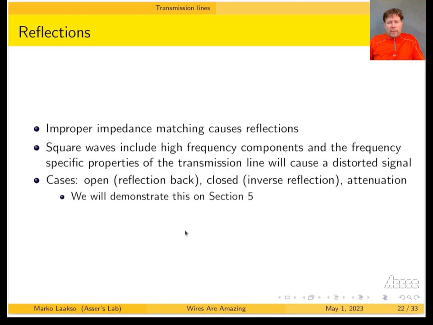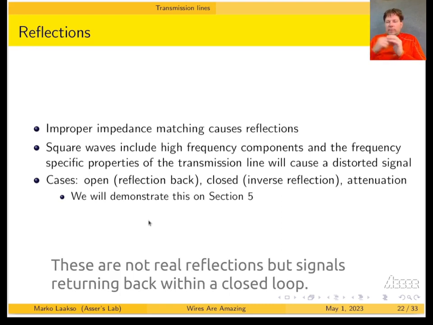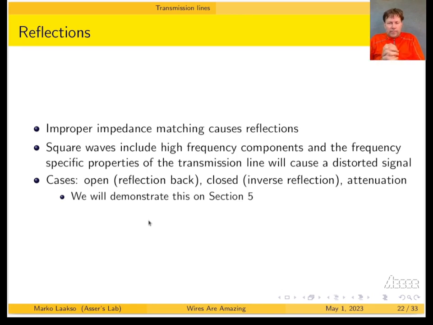Later on, we can see how with an open circuit, where we had this cable without any termination, you get the reflection back. Then if you short the other end, you get this closed wire loop, and then you have the inverse reflection. And then if you have some kind of attenuation there, that can be used to control the reflections. We will demonstrate these soon in practice.